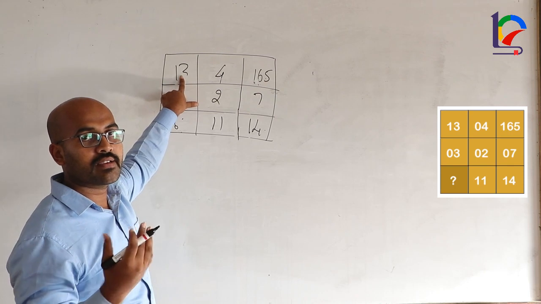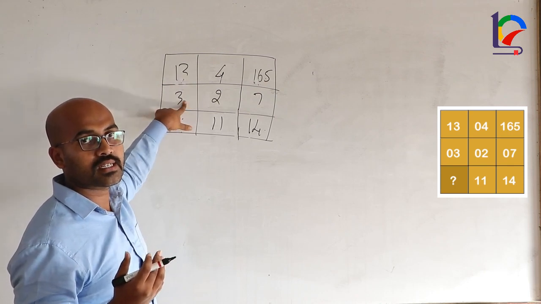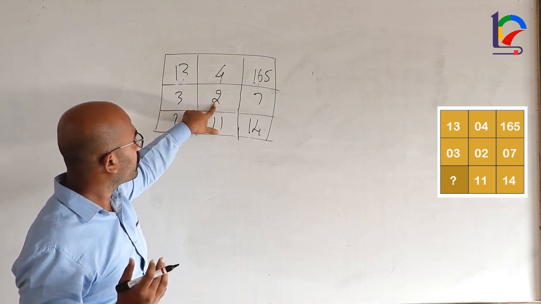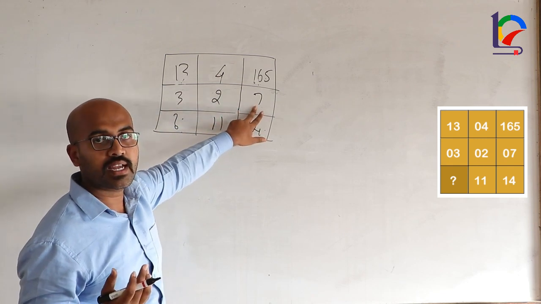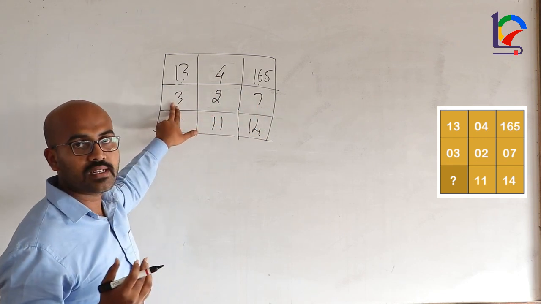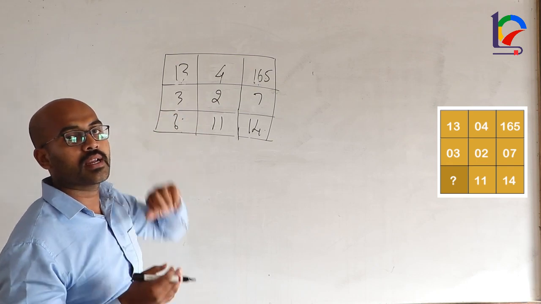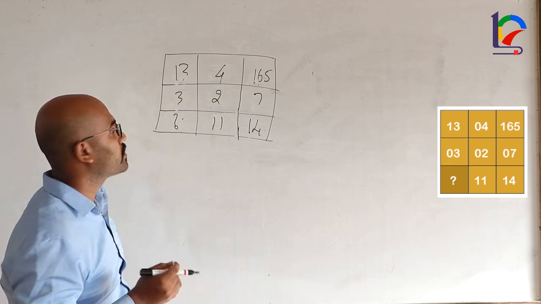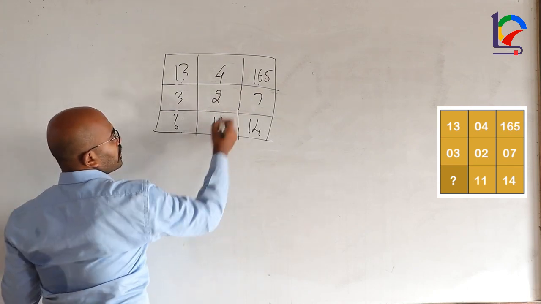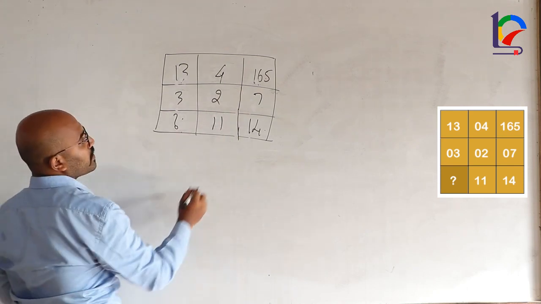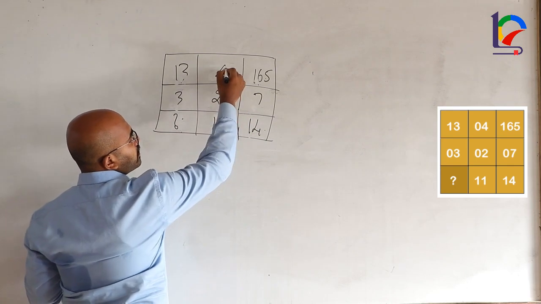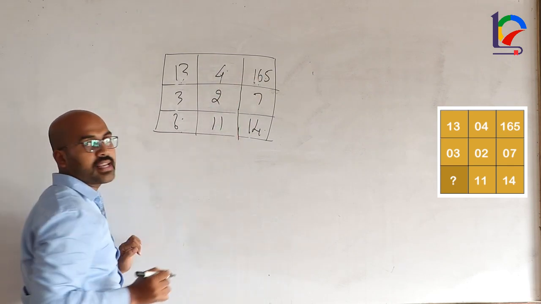So shall we see whether it is applicable to the next? 2 plus 7 is 9. So what is the square of 3? It is 9. So that particular method is applicable here. So to find the unknown number, we added second and third.